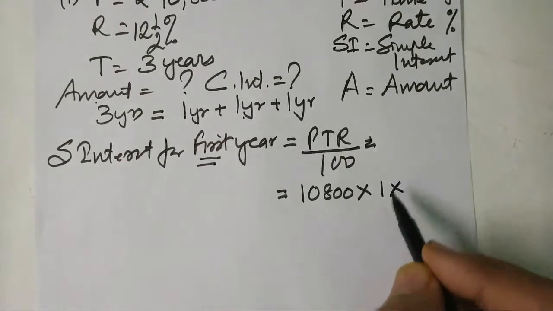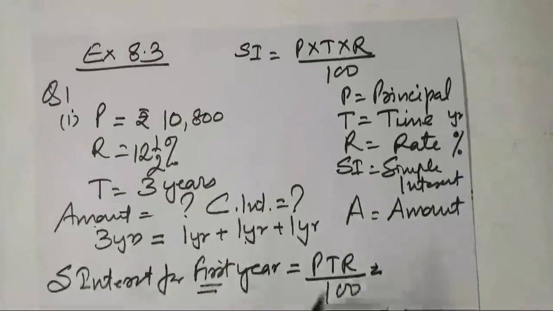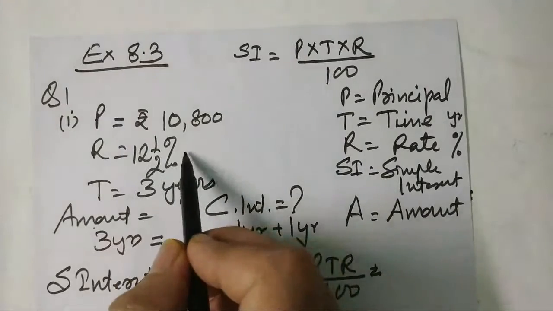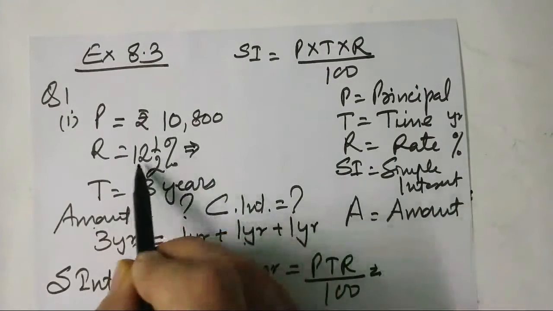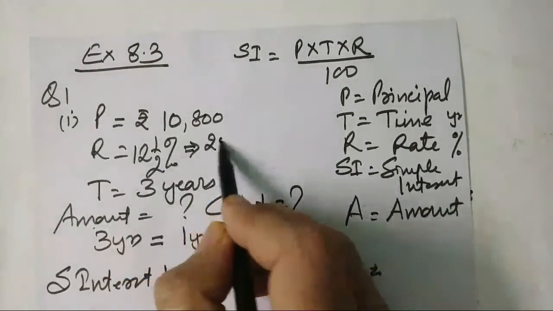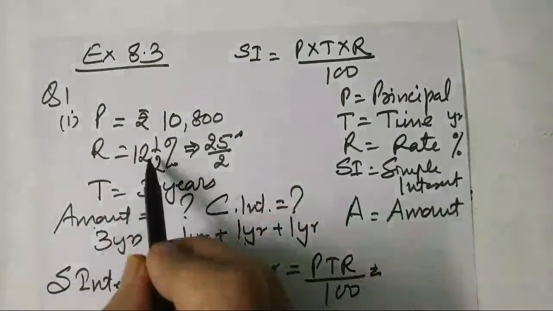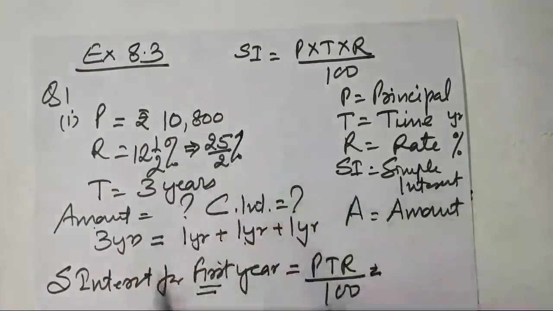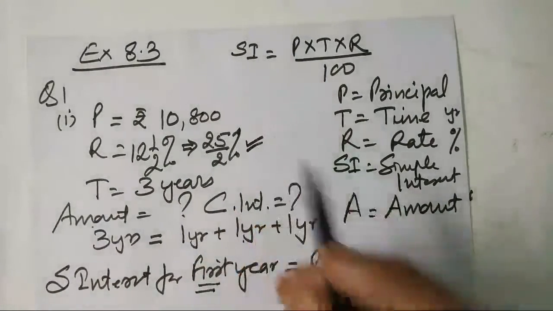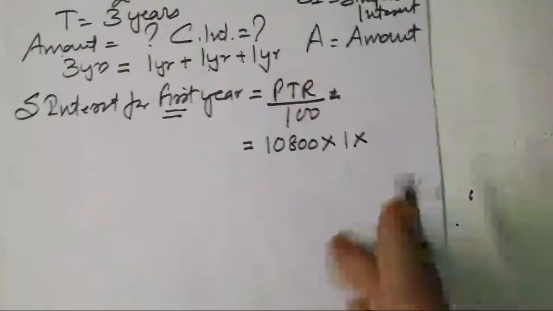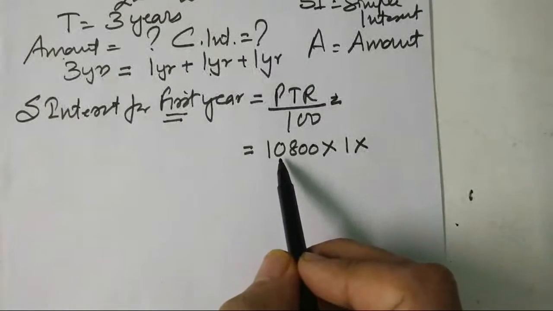And rate is 12.5%. Now 12.5%, I have to change it into a fraction. This is a mixed fraction. So I will use this rate of interest per annum. Principal is 10,800.